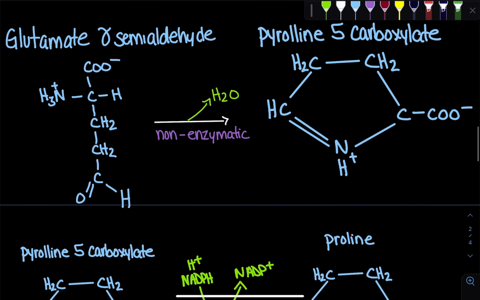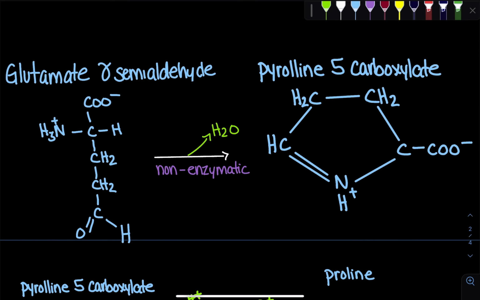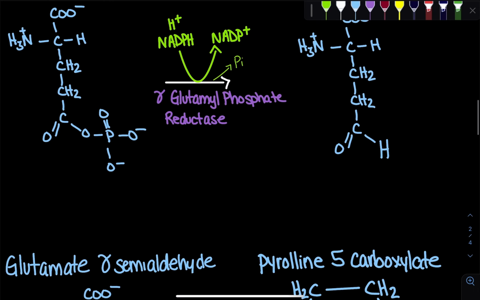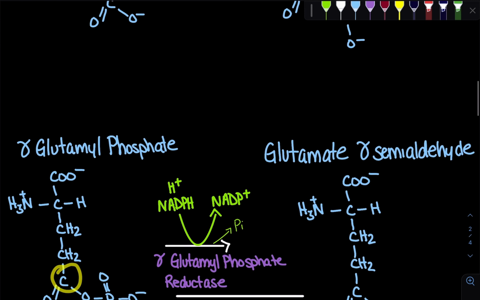Now, the next step is a non-enzymatic step, and water is going to be released, and we're actually going to see that this amino group over here is going to act as a nucleophile, and it's going to attack this carbon, which is going to act as an electrophile. So we were basically setting up this carbon to become a good electrophile.